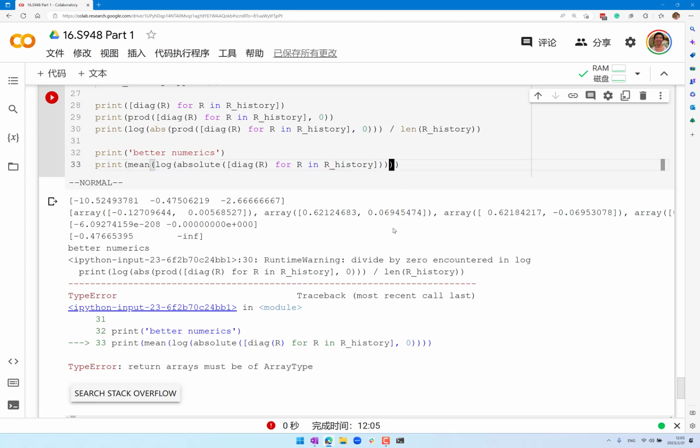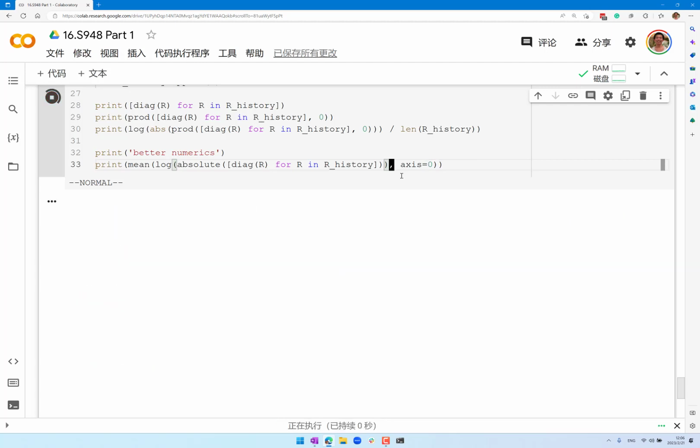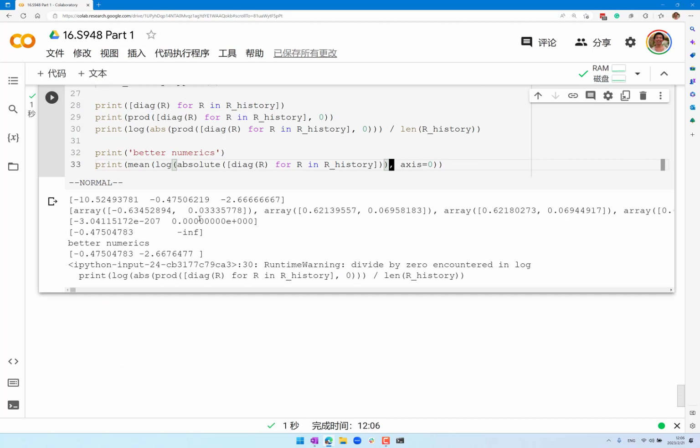I want to take the mean, so my 0 should be here, so basically x is equal to 0. I think it is complaining I'm feeding the second argument 0 to some wrong function. Okay, so better numerics. The first number is exactly the same, right when we don't have underflow, and for the second number, we now have 3 digits of accuracy as opposed to 2. All right.